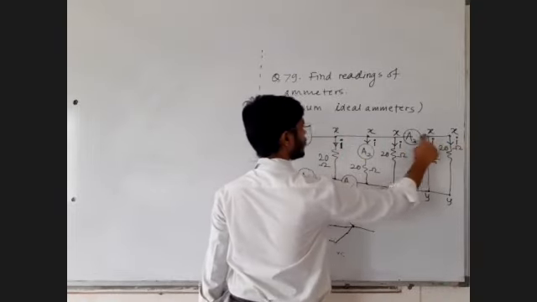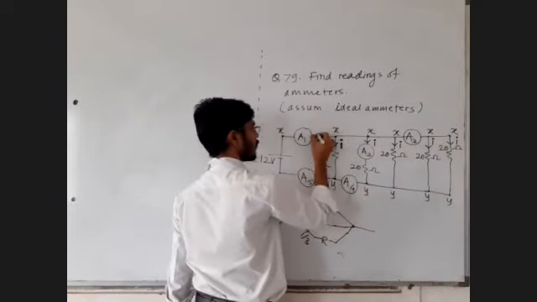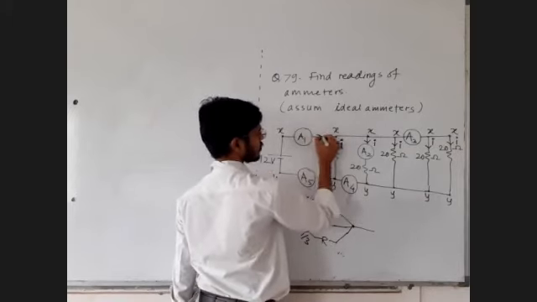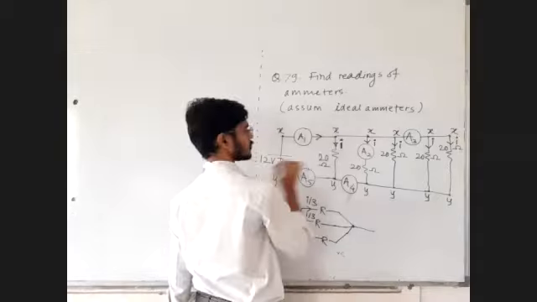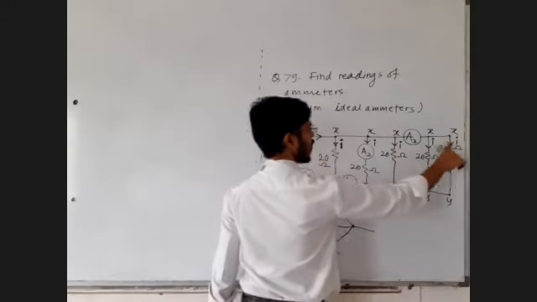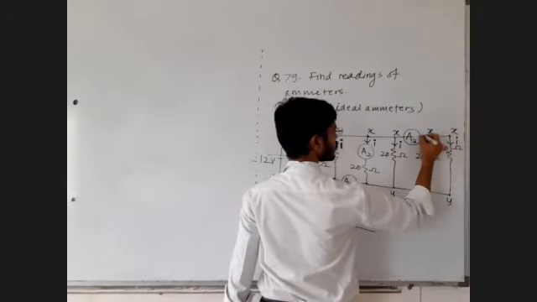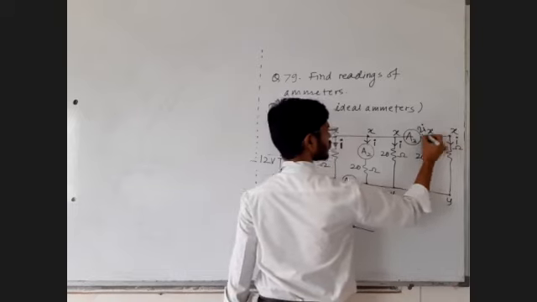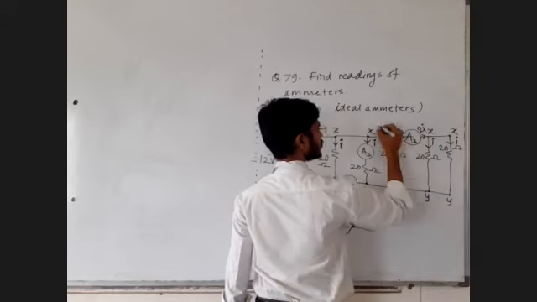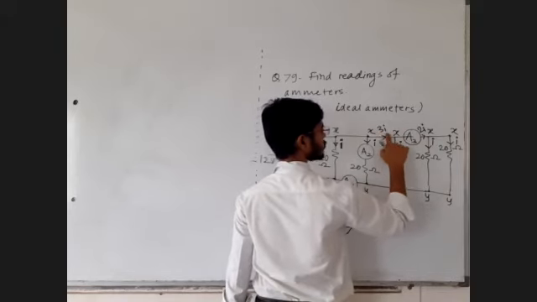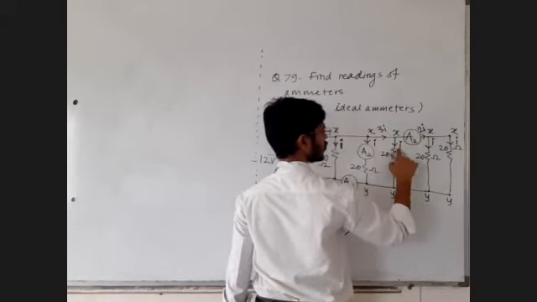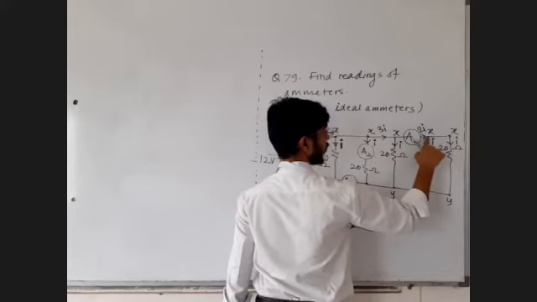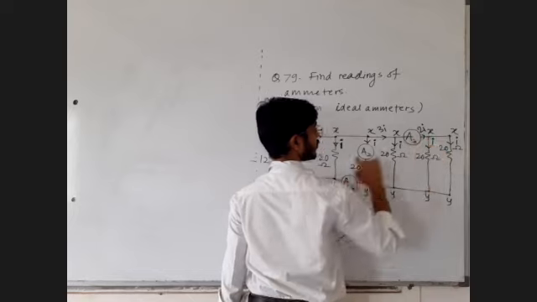All these currents must have come from here. So here the current must be 2I. Here the current must be 3I, and 3I will split into two: here I and the remaining current 2I.